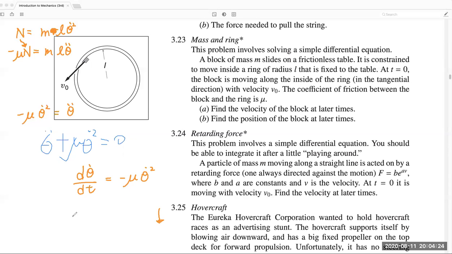I think it's quite natural to solve it like this. Then you integrate on both sides. So you may also do the definite integral from 0 to t.